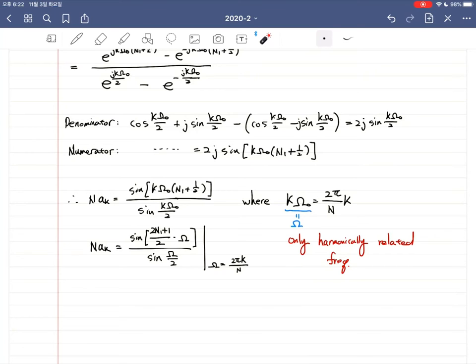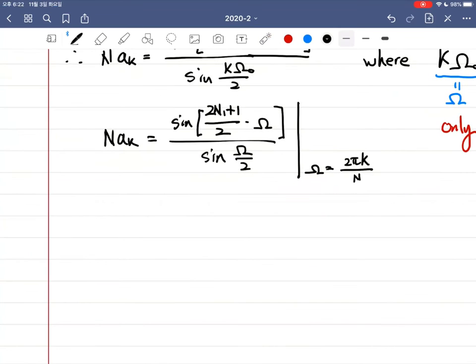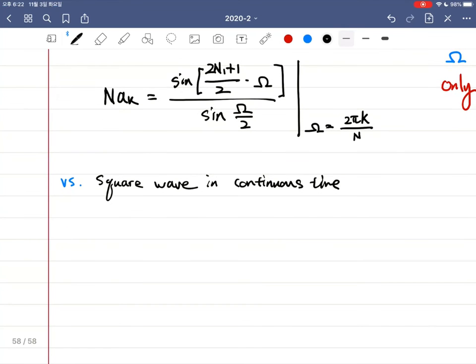So if you compare to the continuous time square wave, the square wave in continuous time looks like this.